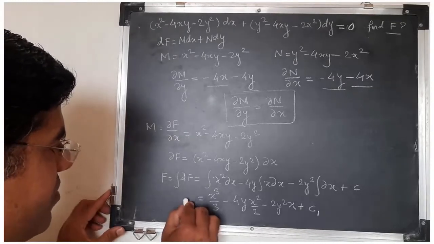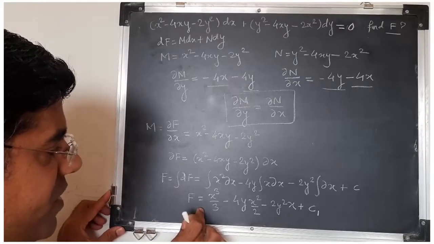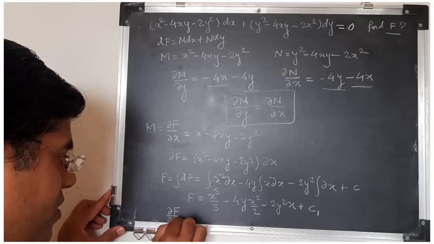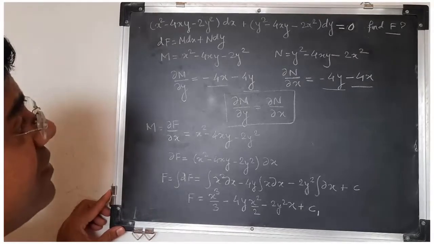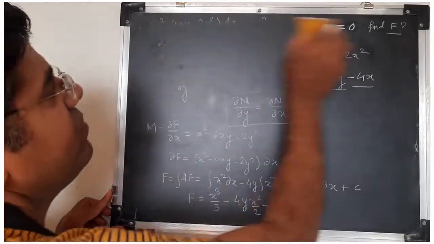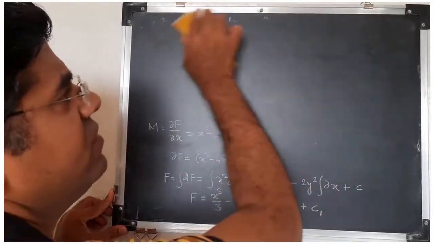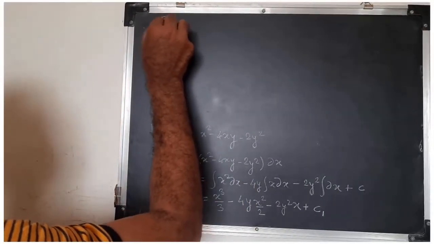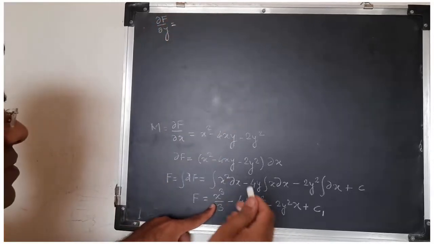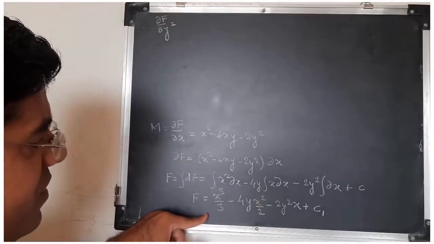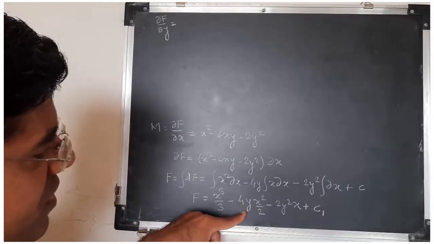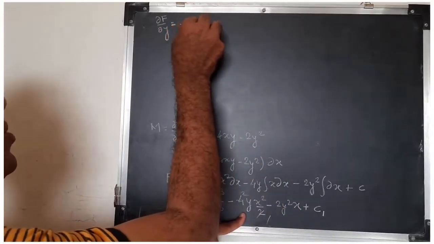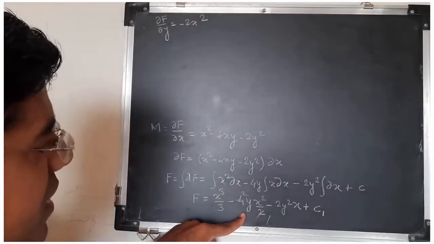This is my f. I will partially differentiate the given function with respect to y, that is, del f by del y. The first term is independent of y, so it gives 0.